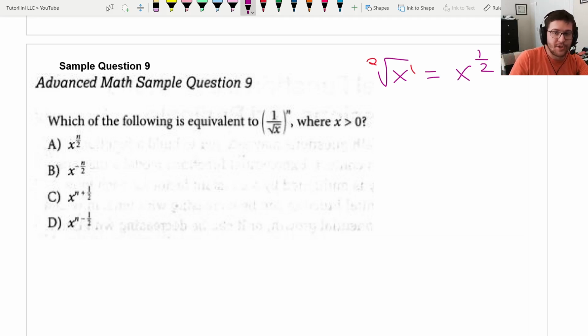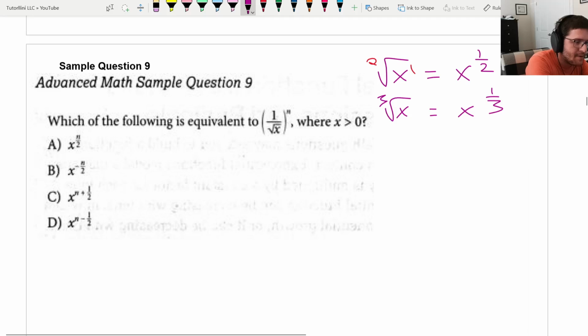That's just something you should know. You might just want to memorize that square root of x is x to the 1/2. It shows up so often. Similarly, cube root of x, that shows up a lot. That's x to the 1/3. You might just want to know those so you don't have to think about it so much, but you can figure it out. So remember that if there's no power, it's 1, and if there's no root, it's the second root. The square root is the second root.